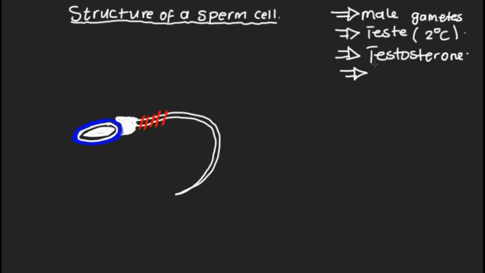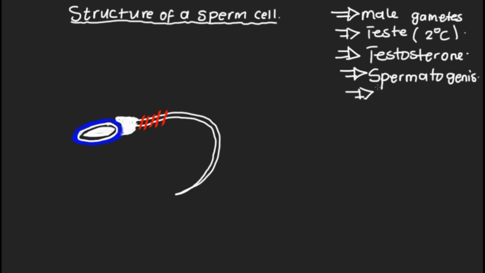Now this sperm cell is produced by the process known as spermatogenesis. Spermatogenesis is the process by which the sperm cells are produced.